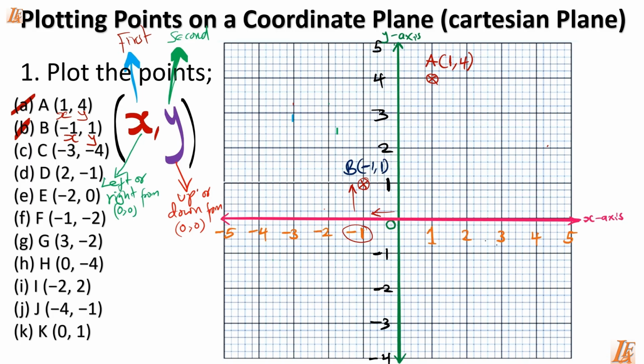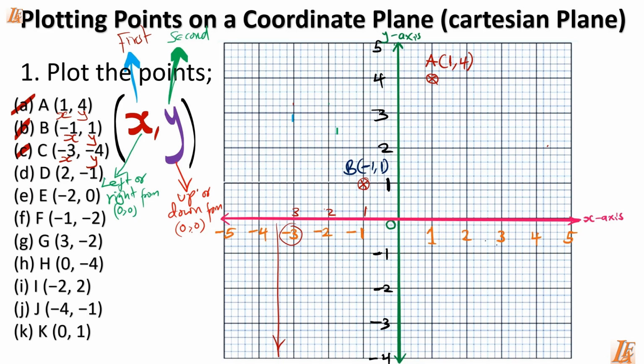Then we have point C, where we have -3 and -4. So this -3 takes the x, -4 takes the y. So if you are at the origin, it means you move 3 points to the left, so you will come to this point here. Then now you move -4 on the y-axis, so it means negative, you move downwards.